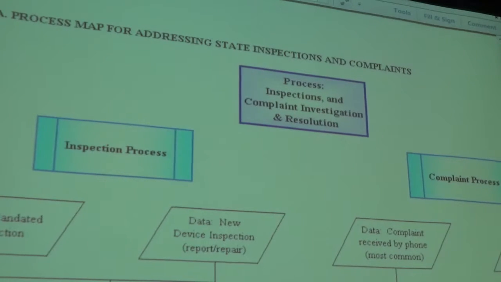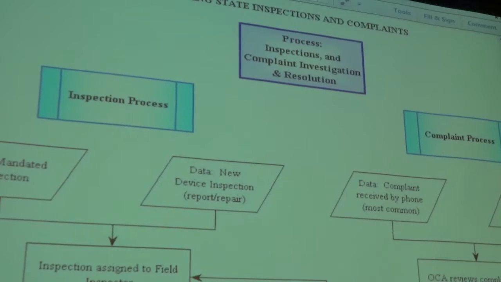And as I mentioned earlier, the Office of Consumer Affairs has multiple programs and services. Because we're conducting a comprehensive process mapping of the Office of Consumer Affairs, we look at each program, each service, each task, each activity.